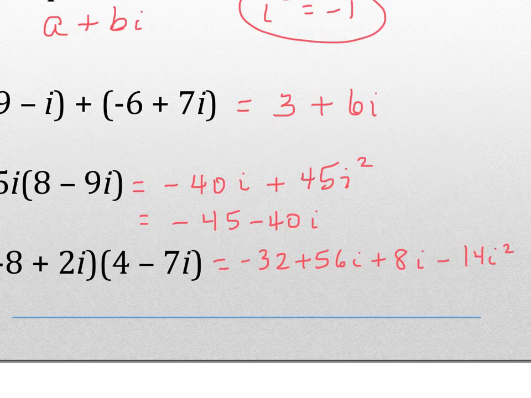The i squared is negative 1, which means this changes signs right there. So I've got negative 32 plus 64i plus 14. We'll add our real parts of it, which is a negative 18 plus 64i.